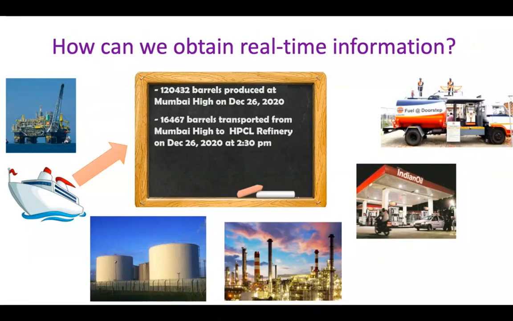From this much amount of barrels produced at a certain crude oil location, how many barrels are transported, because this transporter can take from other crude oils also, right? So how many barrels are transported from one location to another refinery station, with date and minute.